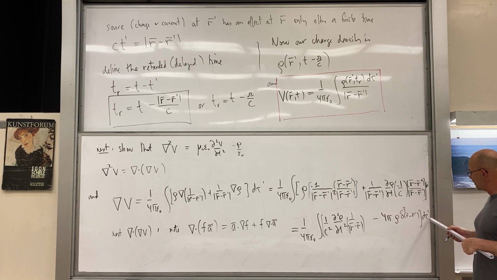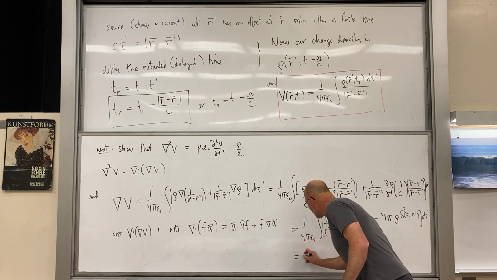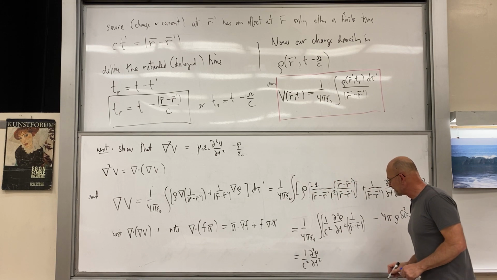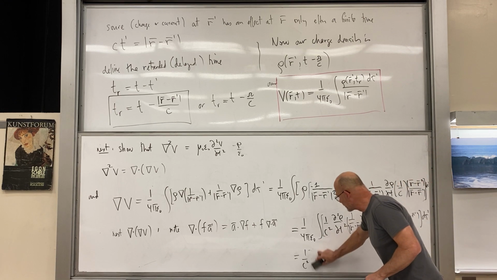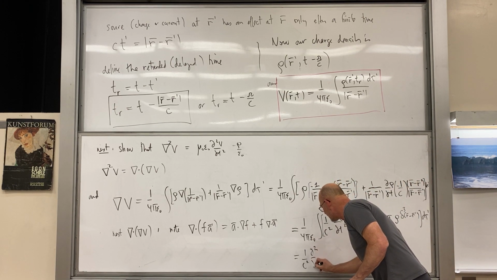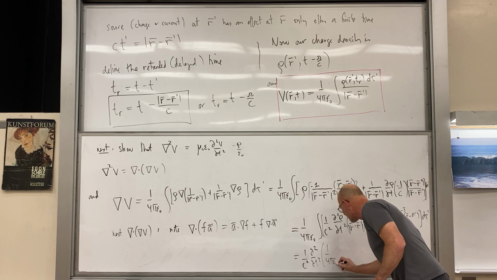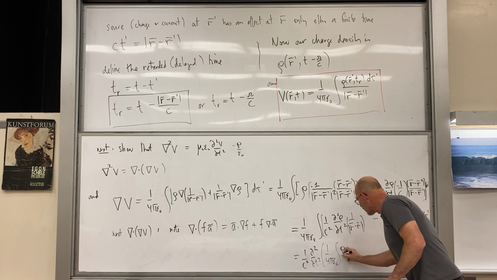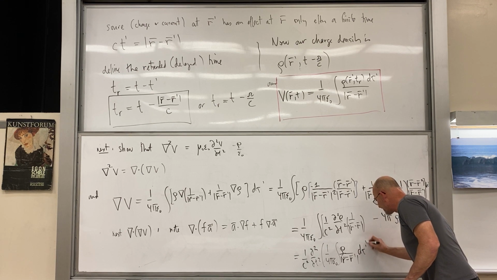Here's what's going to happen. Time dependence from this one gets pulled out, and we're left with 1 over c squared d squared rho dt squared, d squared dt squared of 1 over 4 pi epsilon naught integral rho over r minus r prime d tau prime. Fantastic. Okay.